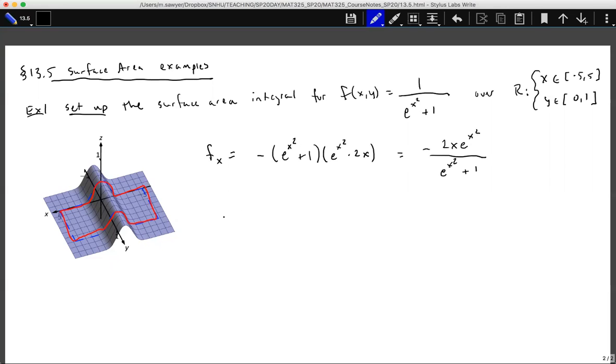plus 1) squared. So our integral looks like 0 to 1, -5 to 5, the square root of 1 plus (-2x e to the x squared all over e to the x squared plus 1, all the quantity squared).